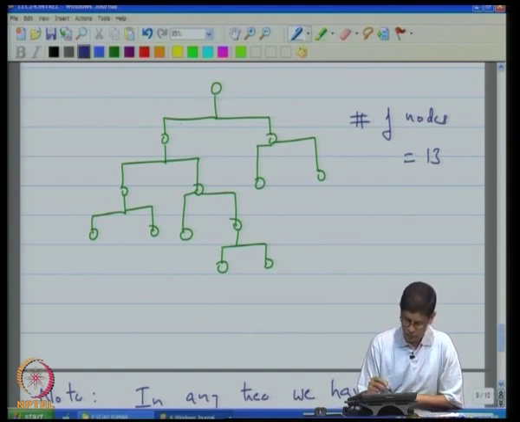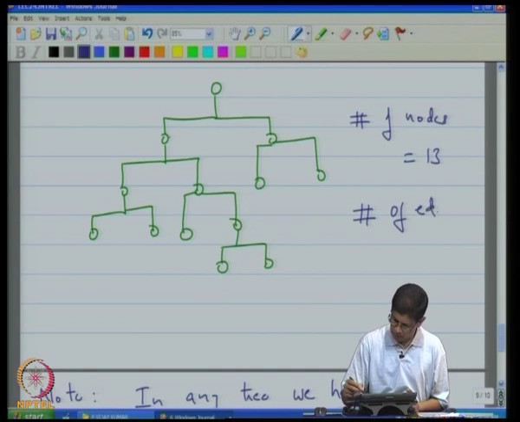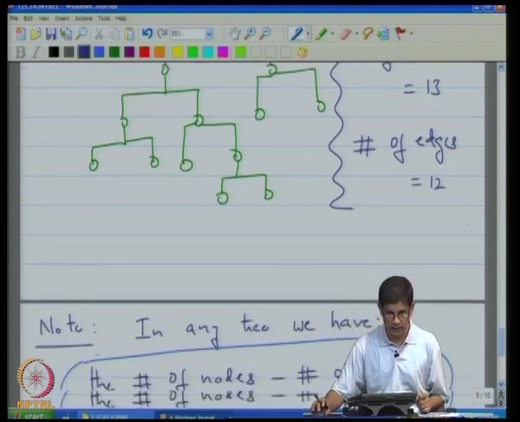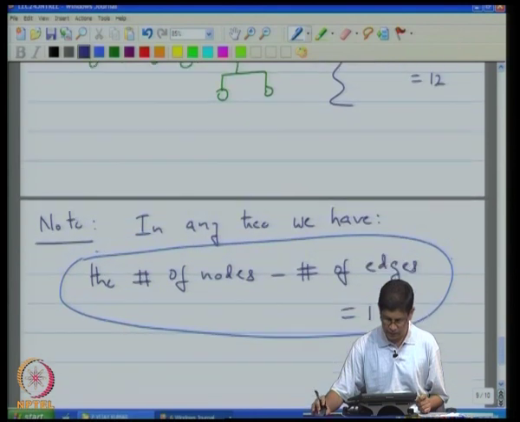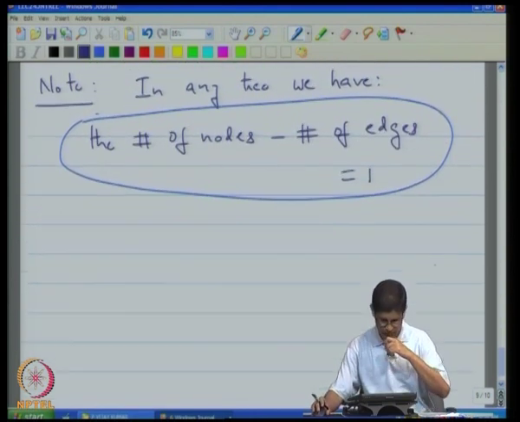So, the number of edges is equal to 12. You can see that the number of nodes exceeds the number of edges by 1, and it is not hard to prove, but we will not do that.